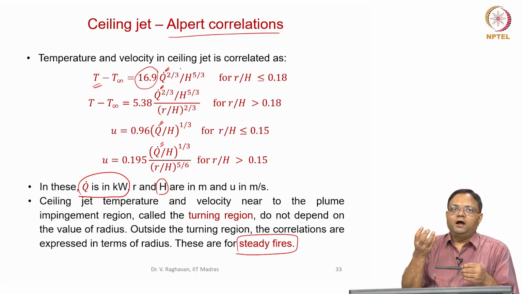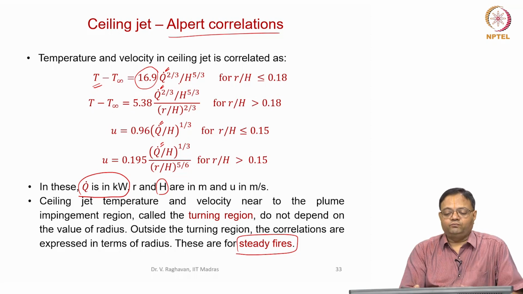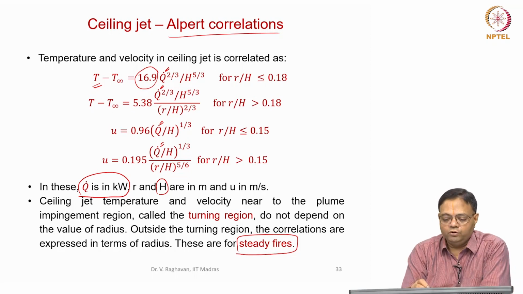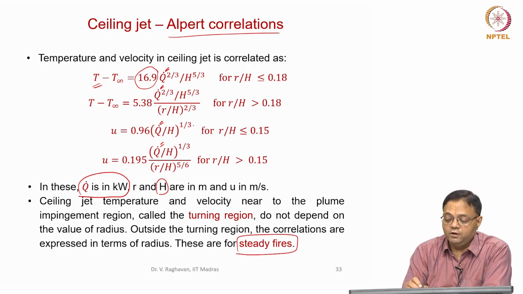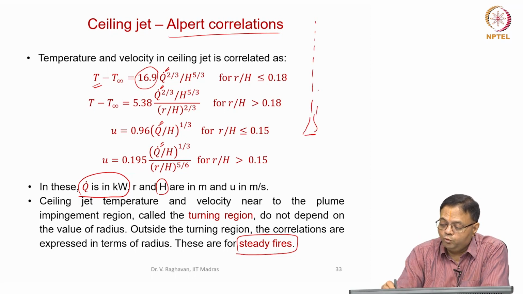If it is a height factor, then 2 by 5 was used in the correlations, and for mass flow rate, heat release, etc., we can use a 2 by 3 factor. Now, please understand that based upon the distance, this is the fire source, plume, and now the ceiling jet.